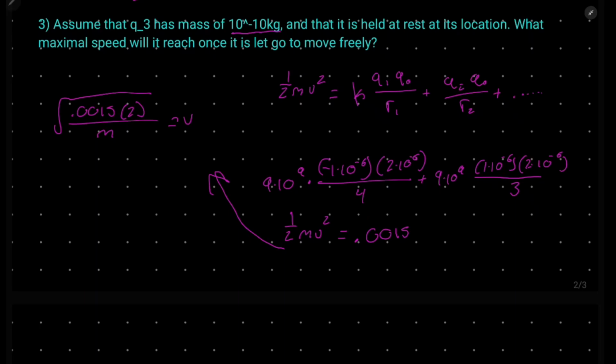So we replace m with 10 to the negative 10, and now we just plug this into our calculator: 0.0015 times 2 over 10 to the power of negative 10, and we get a velocity of 5,477.2 meters per second. And this will be our final answer for this part.